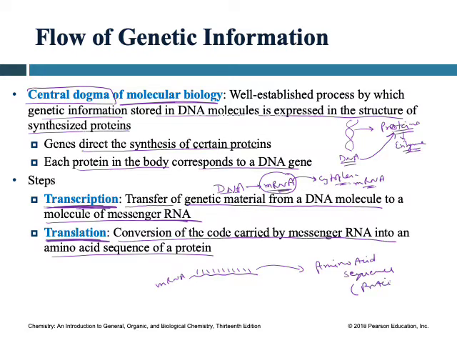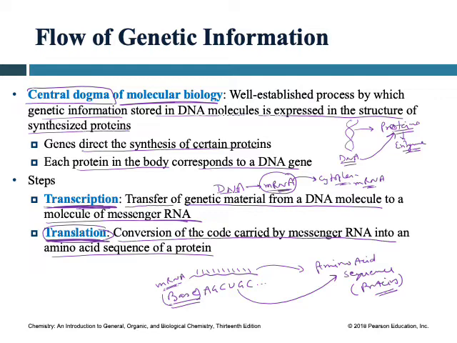Proteins are amino acid polymers, right? And the mRNA has information in the form of bases A, G, C, U, right? G, C, something like this. And this information is decoded in the form of amino acids. We're going to see how, but this process we call translation.